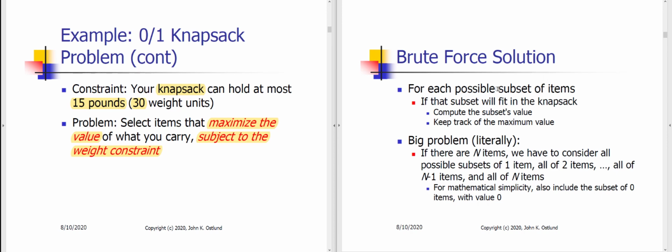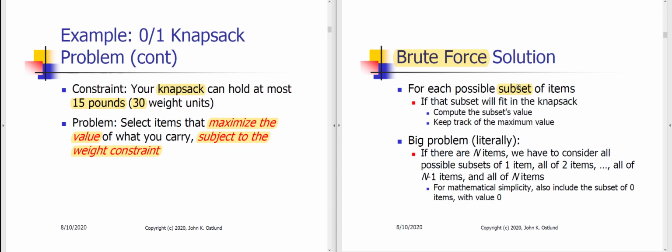Now, the brute force approach here, which we can set up recursively, is to determine all of the possible subsets of items that we could take with us. Then, for each of those subsets, determine whether that subset weighs little enough that we can put it in our knapsack.